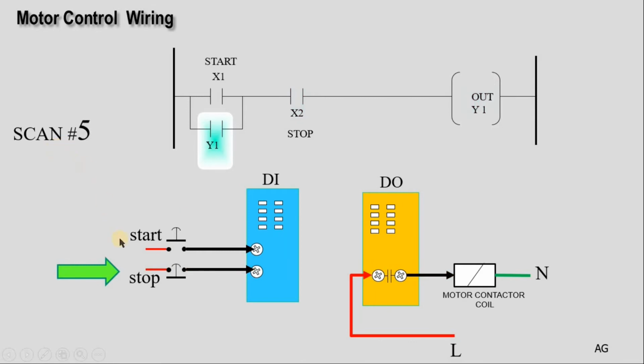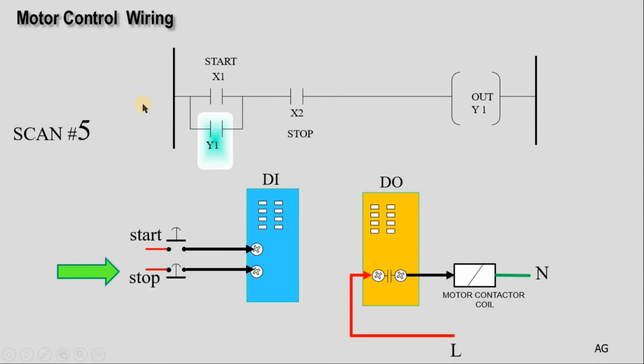In the fifth scan, the PLC sees that you have pressed the stop push button. That means you open the contact for the second digital input, X2. So when the PLC runs, X1 is off, X2 is off, then Y1 is off. So it will turn Y1 off at the end of scan 5.